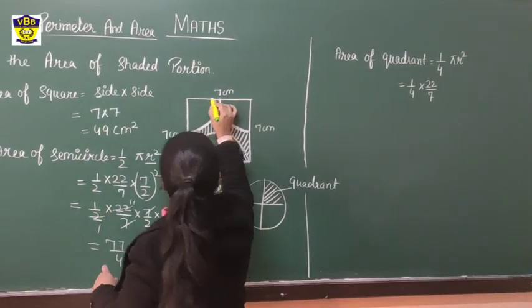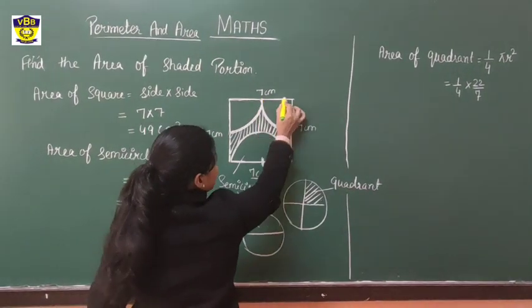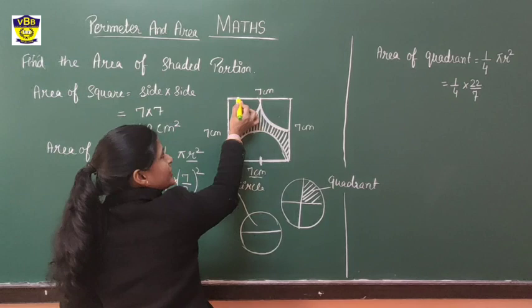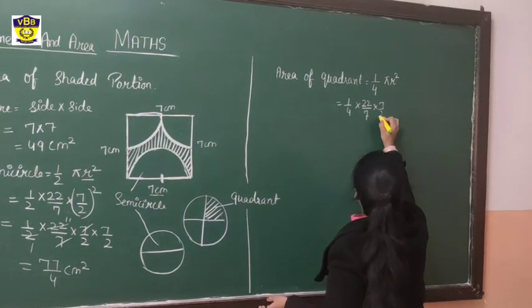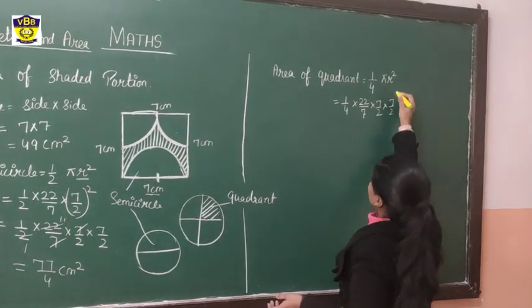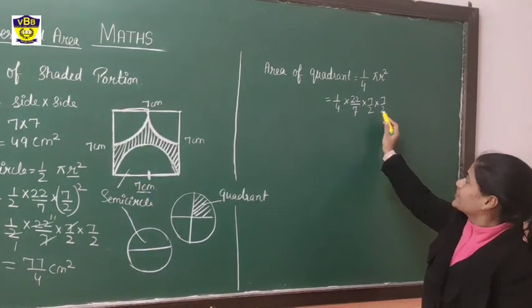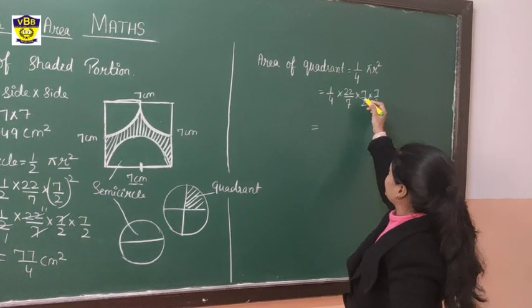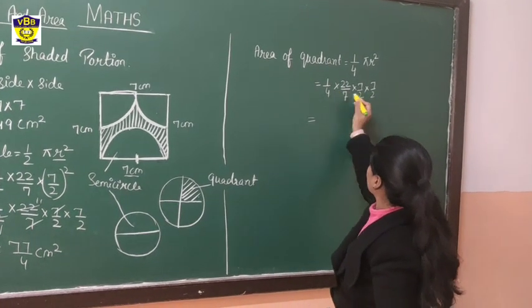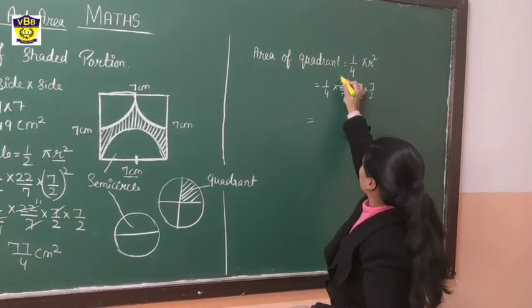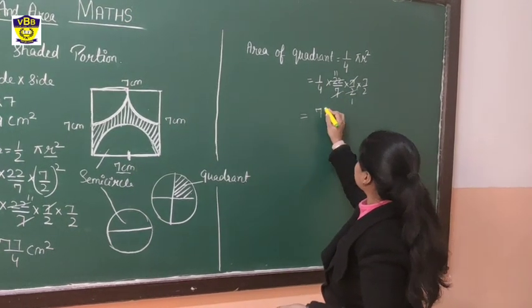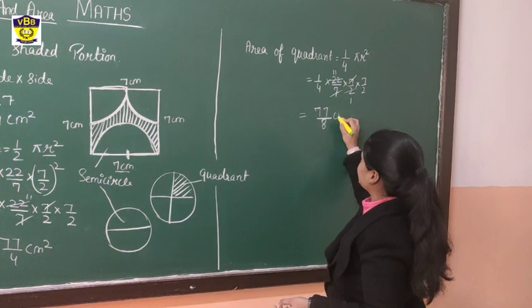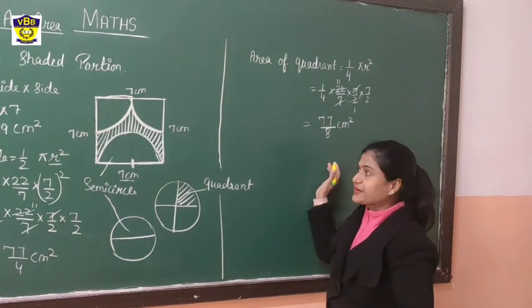This is the radius of the circle. This and this complete is 7. So the radius will be 7/2 again. Can I write it twice? Because here it is a power, so we can write it twice. Okay, 2 times of this. So this is 2 ones are 2, 11, 7 cancel out. It becomes 77/8 centimeters square for one quadrant.